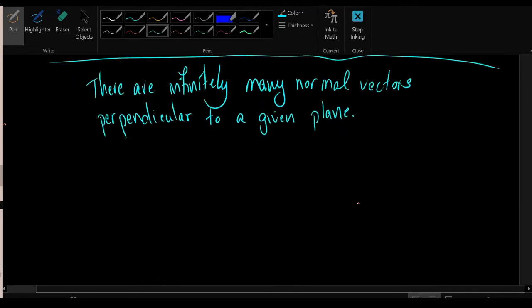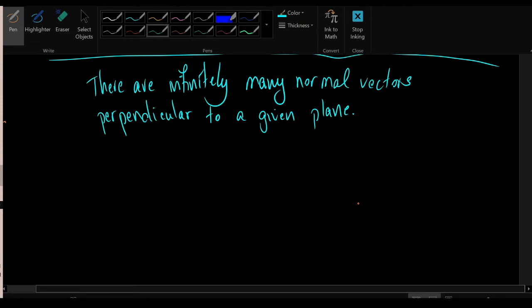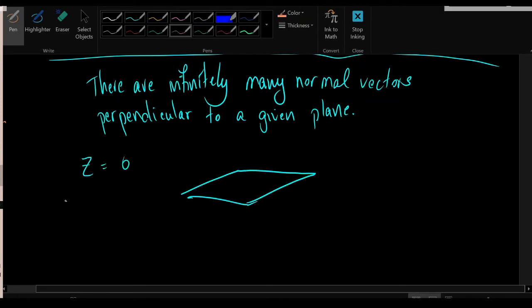For example, even with the very simple plane z equals 0, we have the vector 0, 0, 1. That goes one unit straight up and does make a right angle with the plane in every imaginable direction.